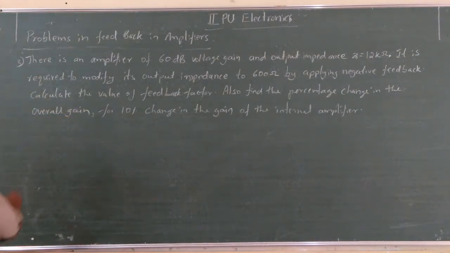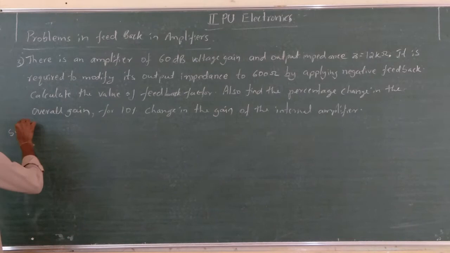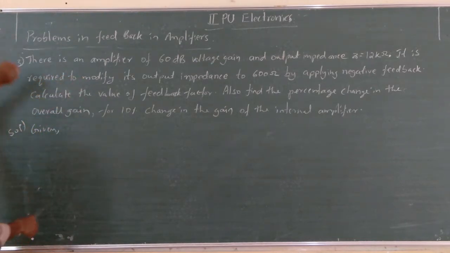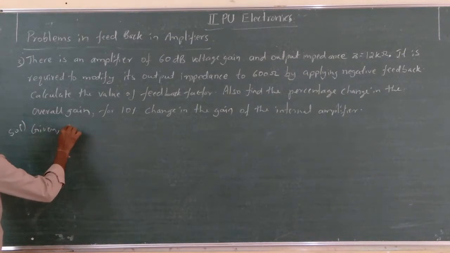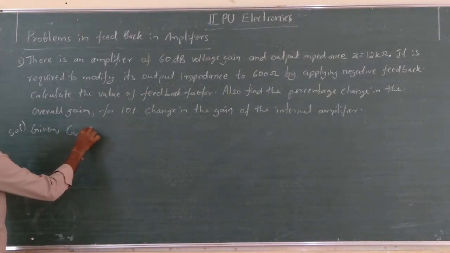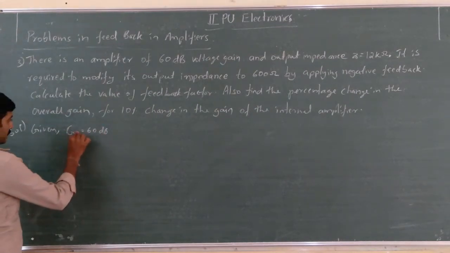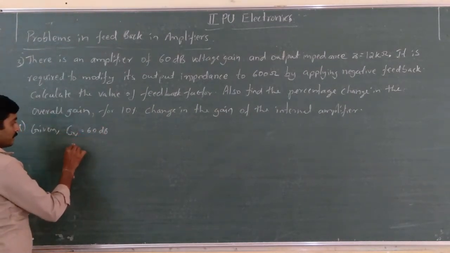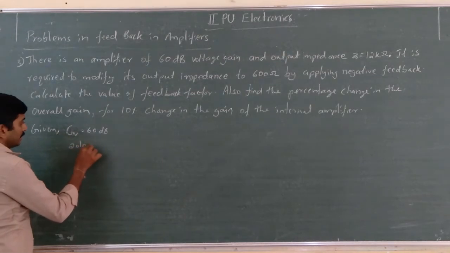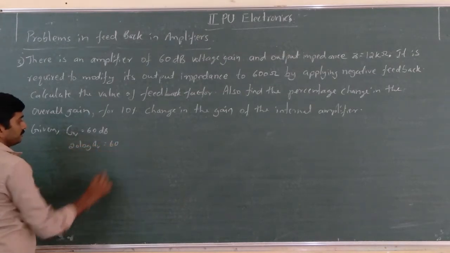Okay. Solution. Given an amplifier of 60 dB voltage gain. Here itself you can convert the voltage gain: 20 log Av equal to 60.